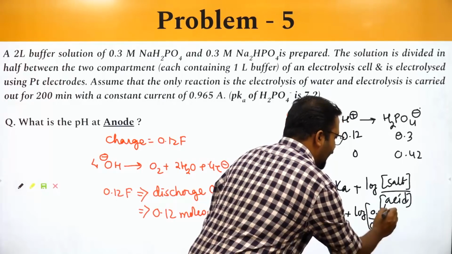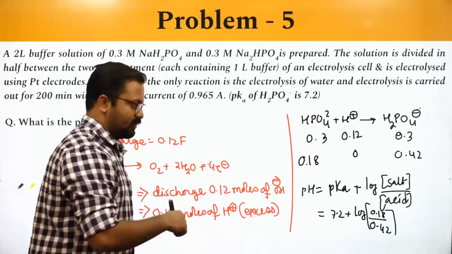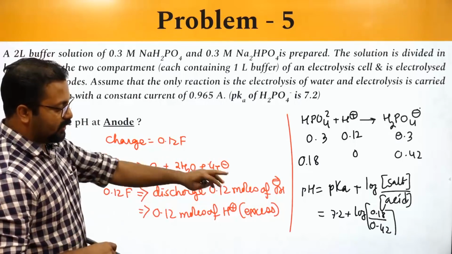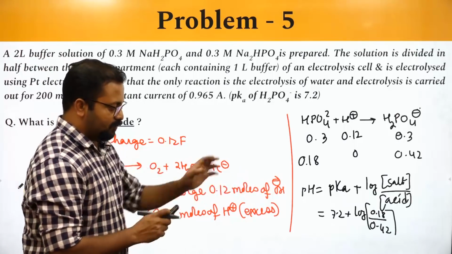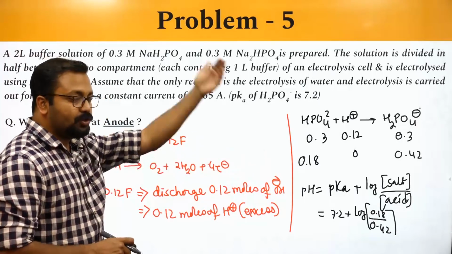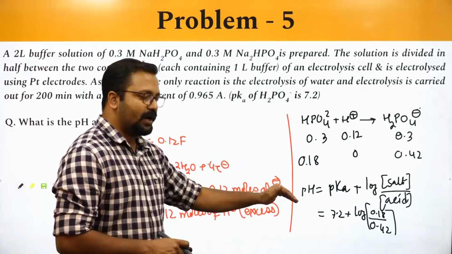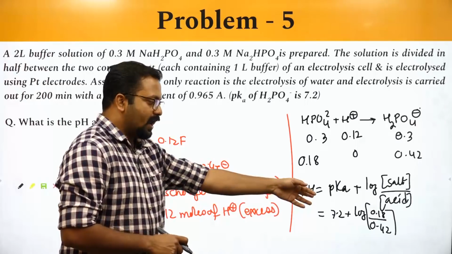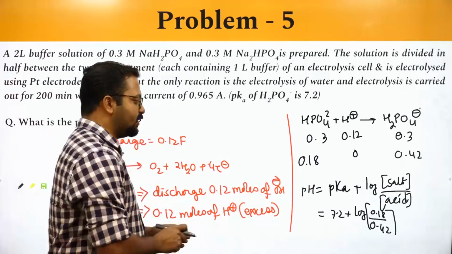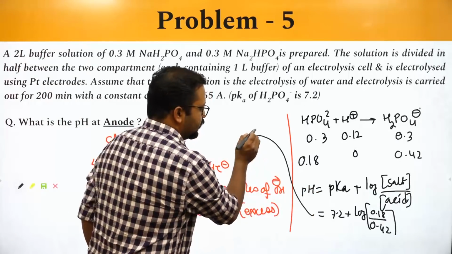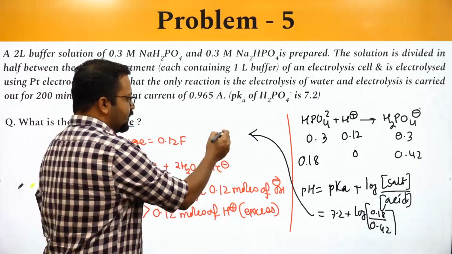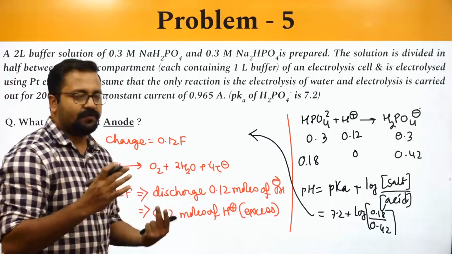0.42. So whatever answer that we had gotten over there by adding log of something, यहाँ पे मुझे उसका subtract कर देना होगा. So 0.42 by 0.18 का log जो लिया था हमने, यहाँ पे उसका inverse ले, that means we have to subtract this. So this answer, earlier the answer was 7.56.